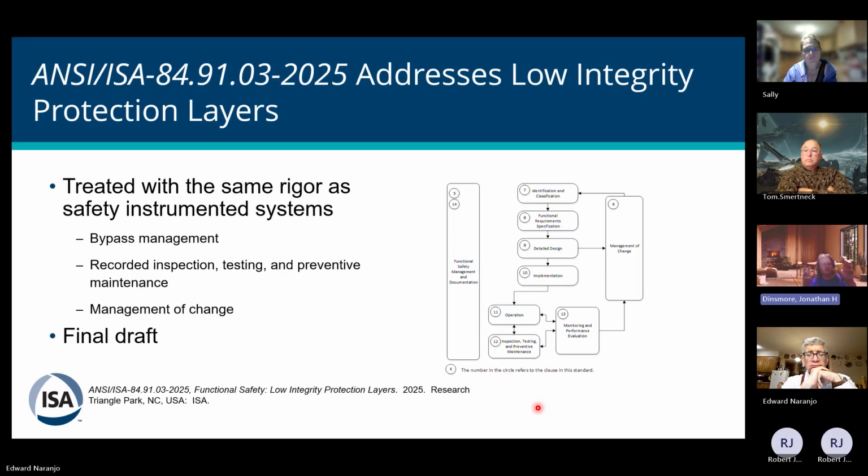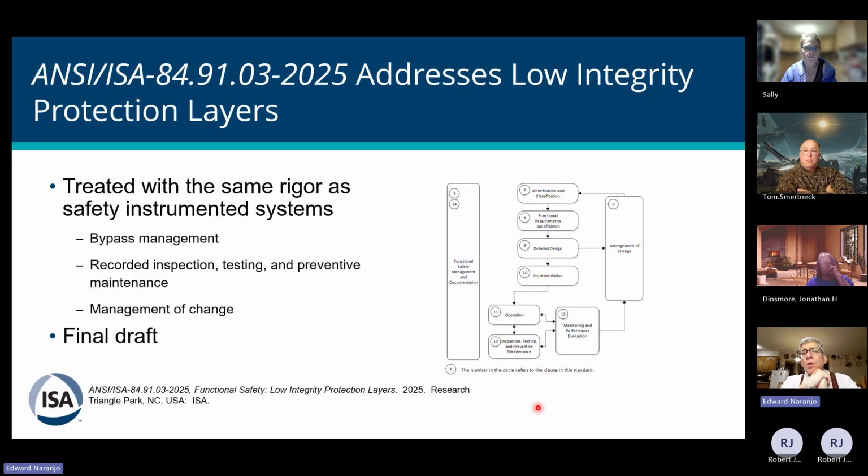And if you want to lower it by 10% at best, you would go from there. So there has to be some risk analysis of your system as it is, and then you would add the low integrity protection layer on top of that. Yes, that's a very good point, Jonathan.